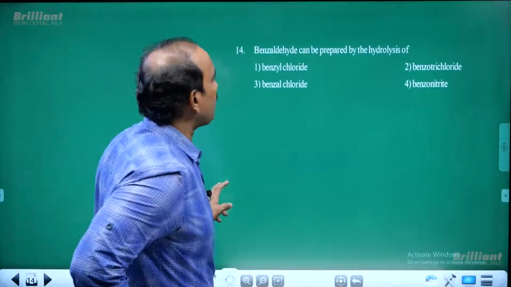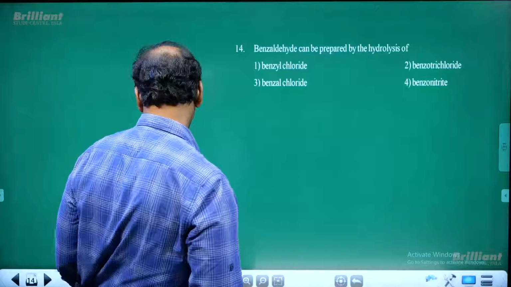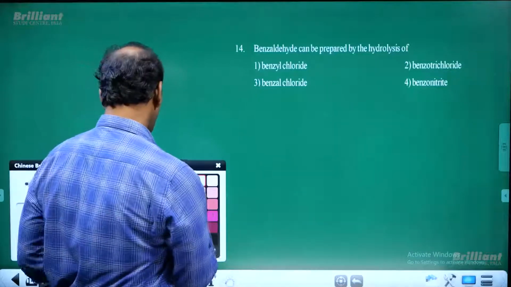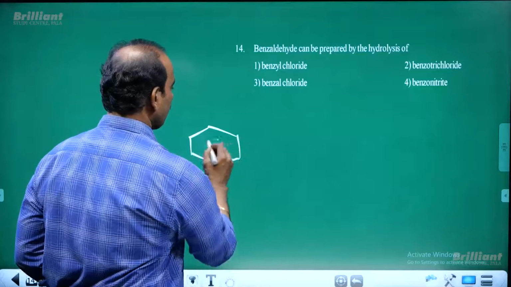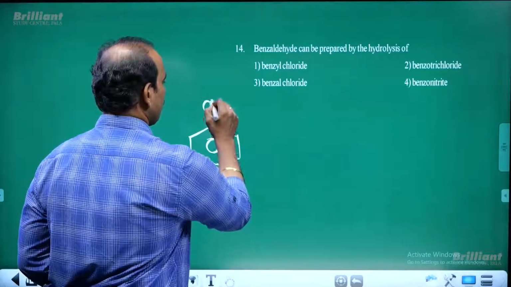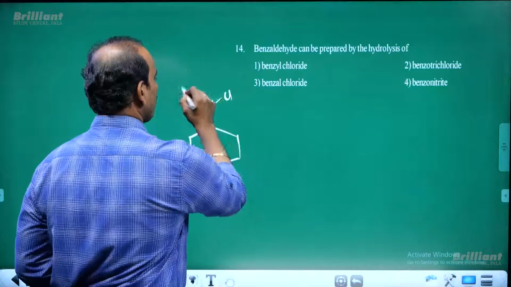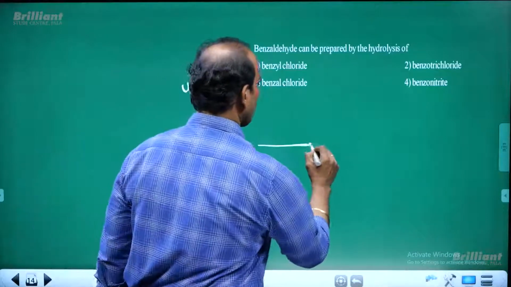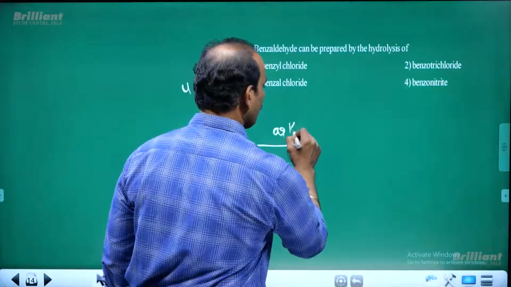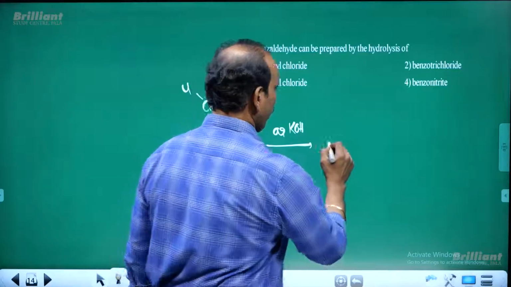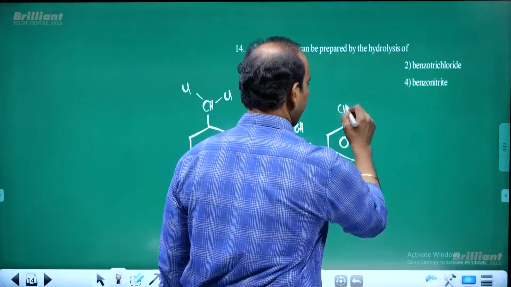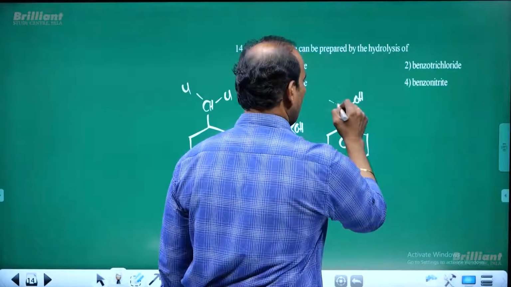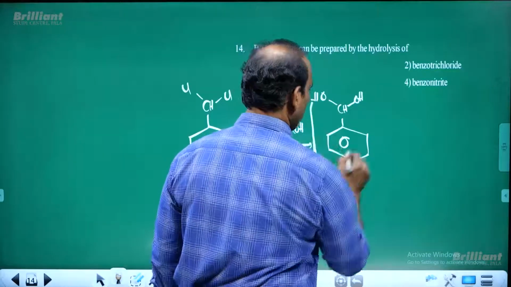Benzaldehyde can be prepared by the hydrolysis of benzal chloride. PhCHCl2 is treated with aqueous KOH, giving OH and OH, which is unstable.